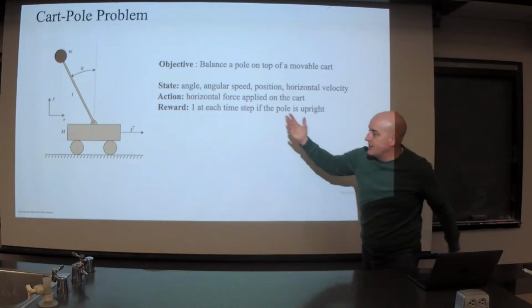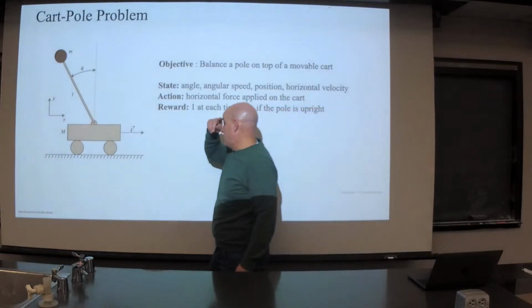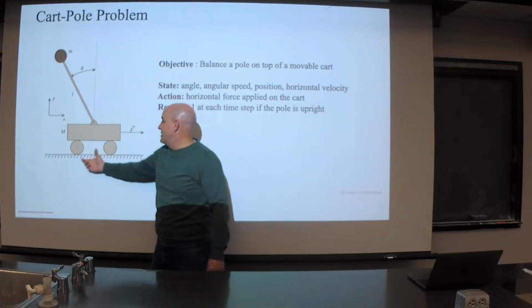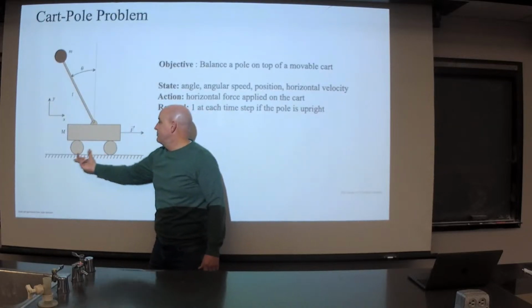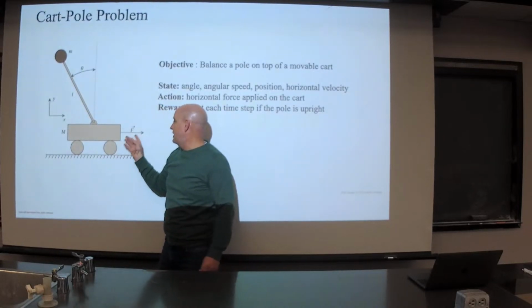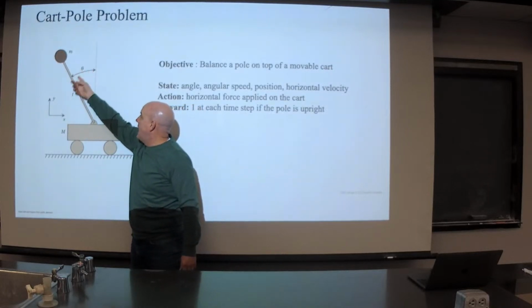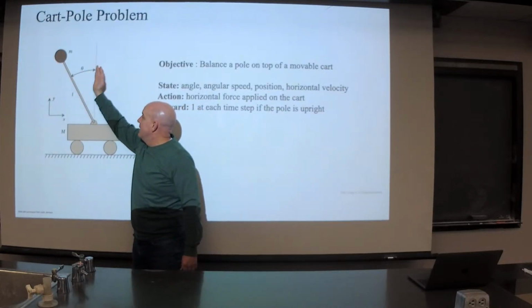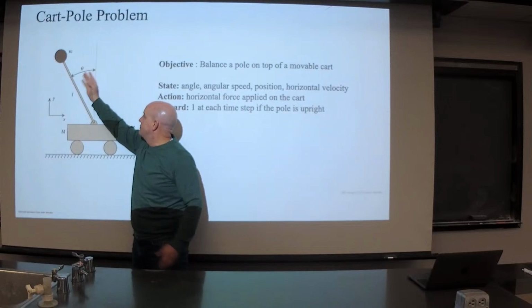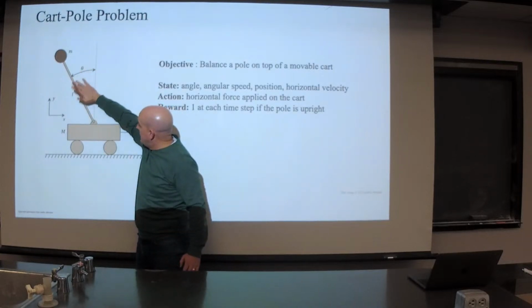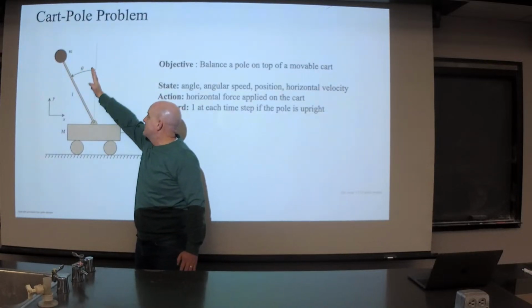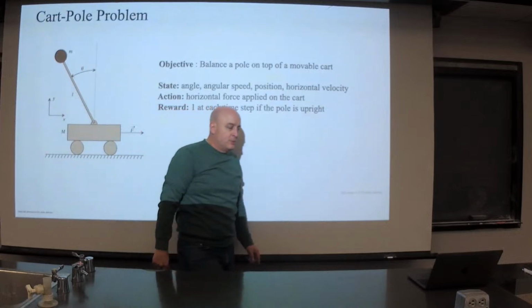But the state of this is pretty simple to describe. You have your position on this one-dimensional track. You have an angle describing how inclined this inverted pendulum is from the vertical position.